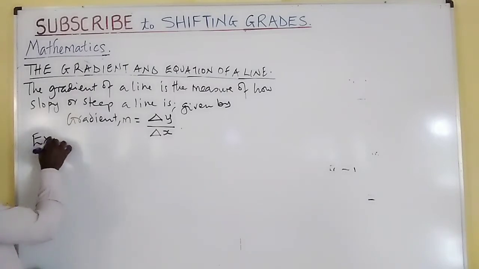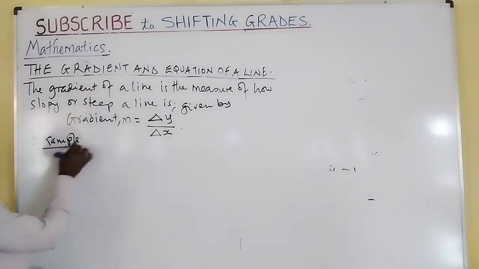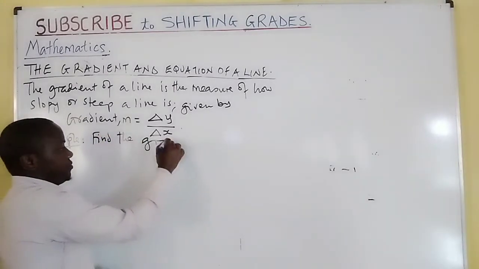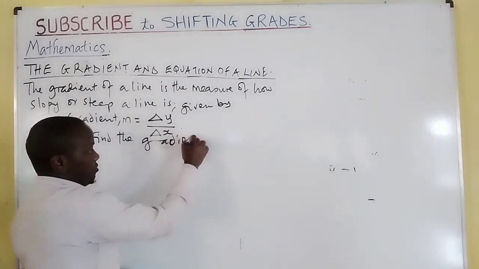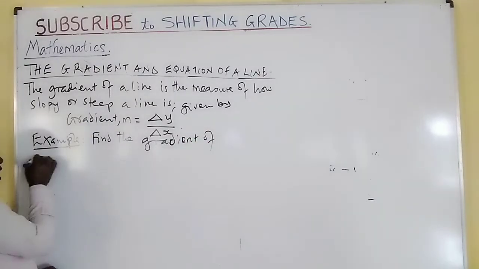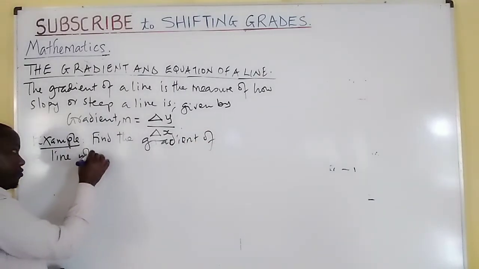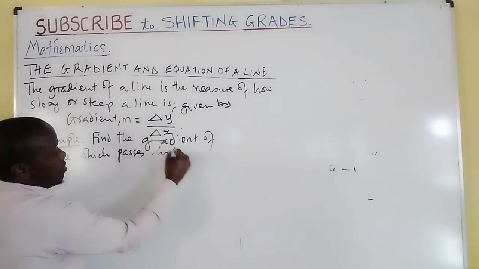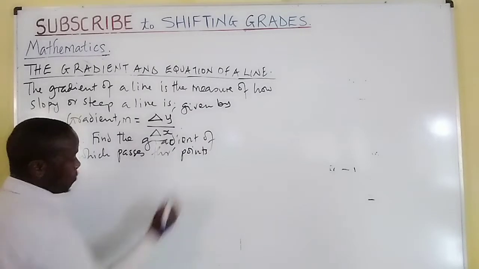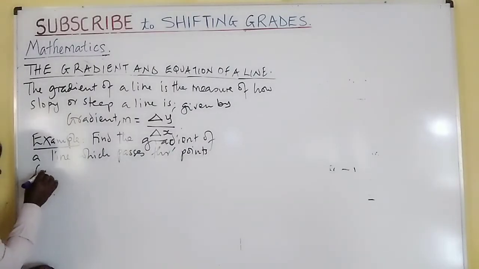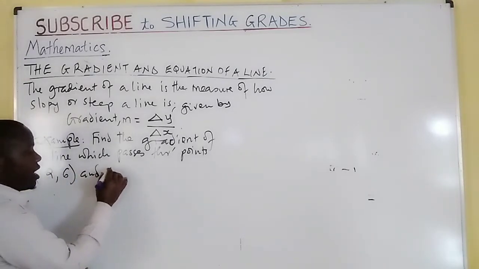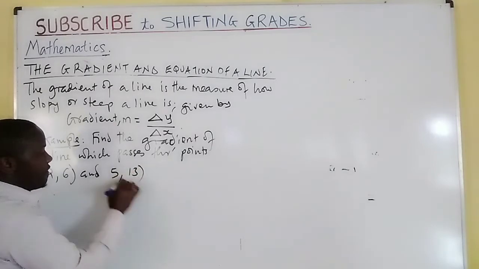Example: find the gradient of a line which passes through points, and you're given two coordinates, (2, 6) and (5, 13).